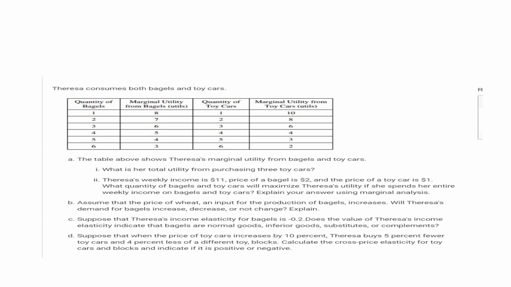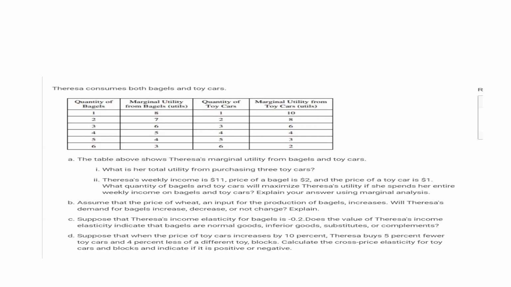So let me get the formula here. Cross price. Do you remember the formula? Percentage change of quantity demanded of A over percent change of price of B. So what's the percentage change of price? How much? 10% of what? Which product?